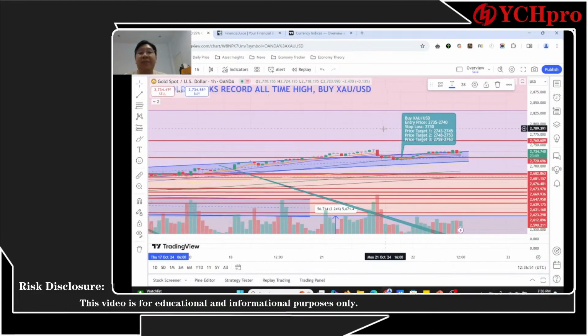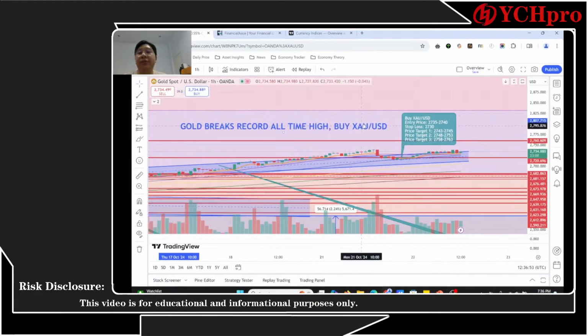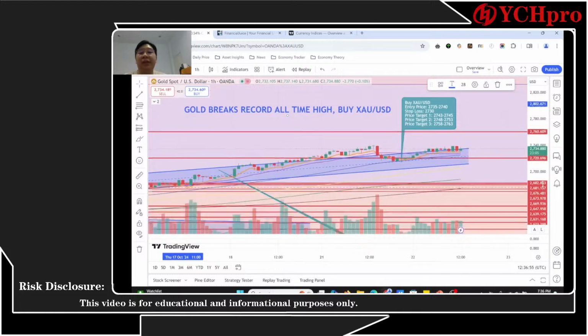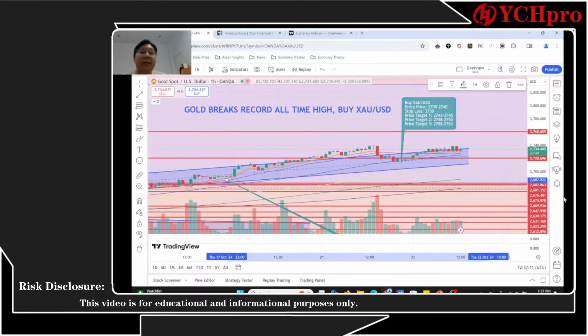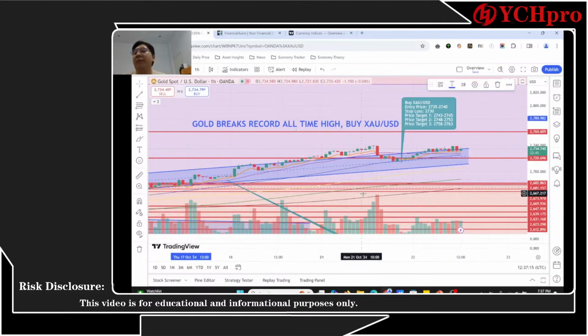Okay, so what has happened since yesterday? We did share a buy signal on the gold side last night, and unfortunately our signal got hit by the stop loss, so we are very much open about it. But my view on the market is still pretty clear. I'm still seeing that the market is going higher and higher rather than going down, and probably there will be some healthy corrections after yesterday, when the market showed that gold was not able to withstand that consistent and accelerated fast uptrend.